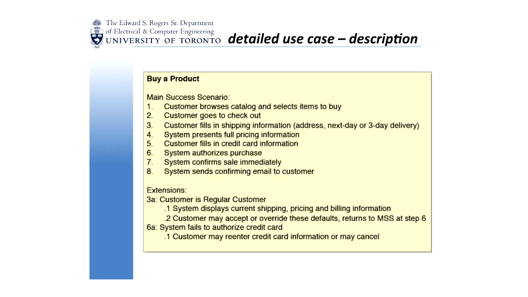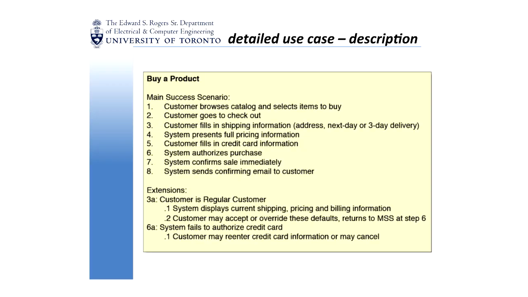Now let's examine a detailed use case description for the buy a product scenario. This specifies a main success scenario consisting of 8 steps, beginning with the customer browsing the catalog and ending with the system sending a confirmation email. Below the main flow, we define extensions to handle variations.